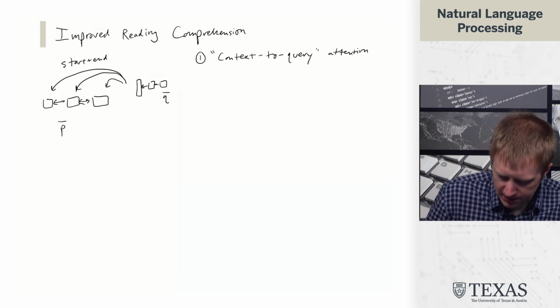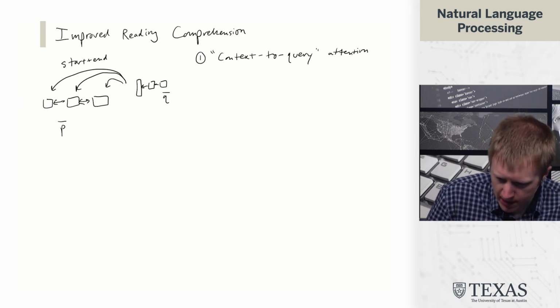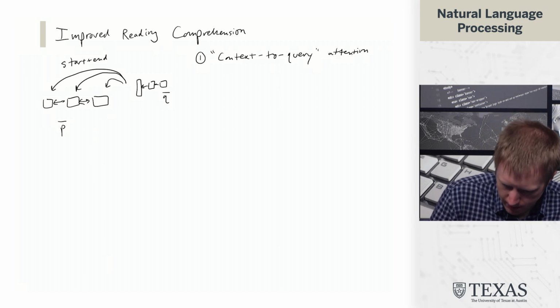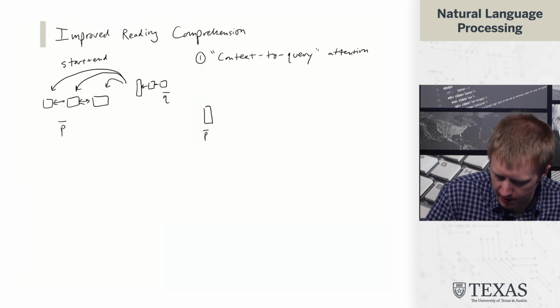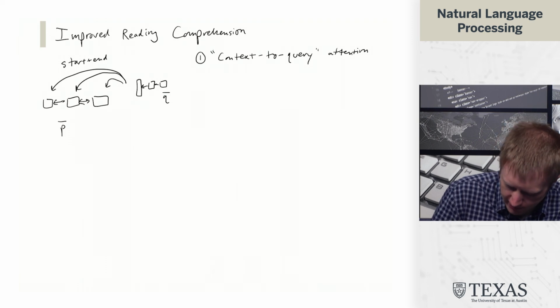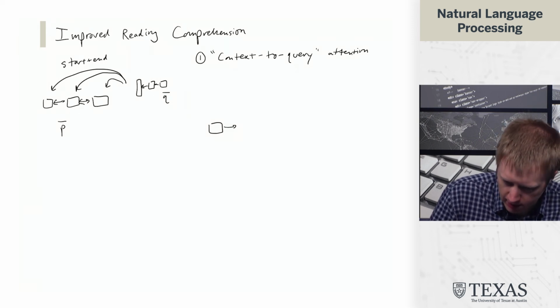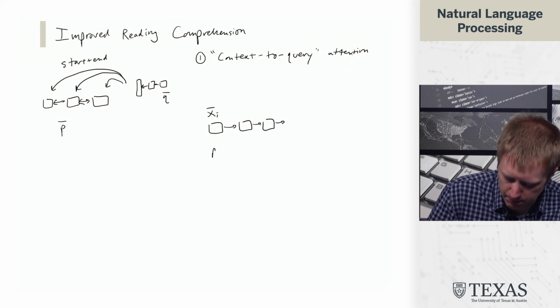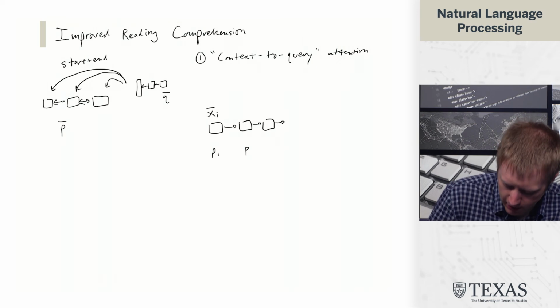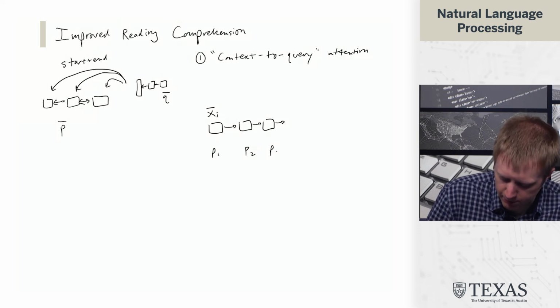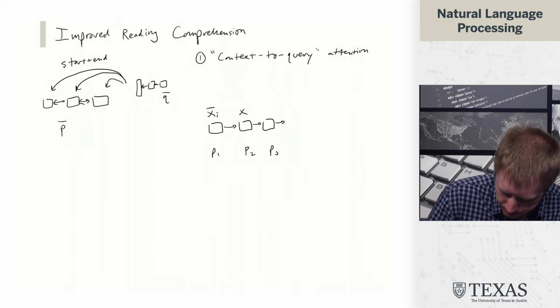And so here's the basic idea. What I'm going to do is I'm going to call the outputs of the P encoder xi now instead of pi, and you'll see why in a second.